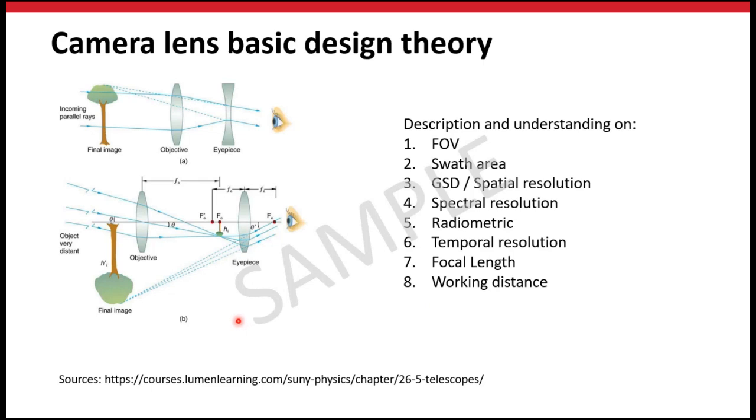From the understanding, usually you will know what is FOV, field of view, what is swath area, the area for the image to capture, and the spatial resolution, or usually we call it ground sampling distance, GSD. What is the spectral resolution, radiometric, temporal resolution. When we know the theory of the lens, we also will know about the focal length, and we work with the working distance.